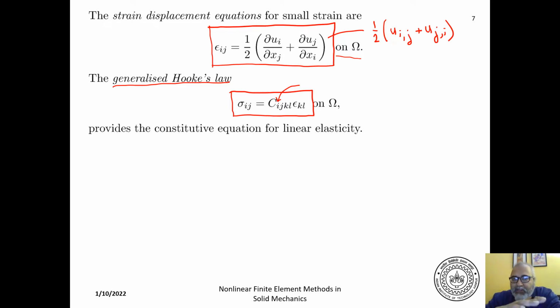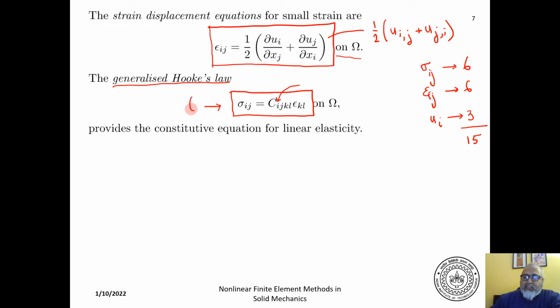So this completes our description of the problem in the strong form, and we have as many equations as there are variables. Sigma ij constitutes 6 variables, epsilon ij constitutes another 6 variables, and ui, the displacements at each and every point, another 3 variables. So that's 15 variables in total.